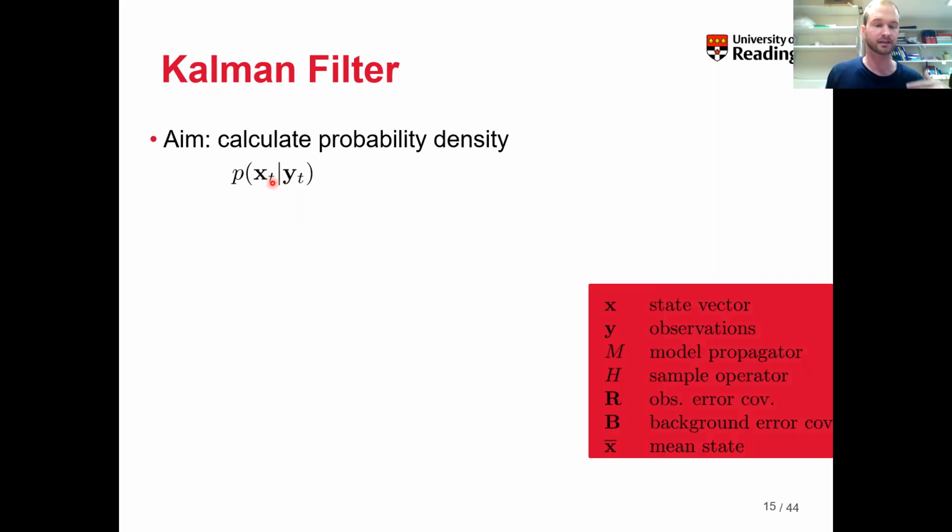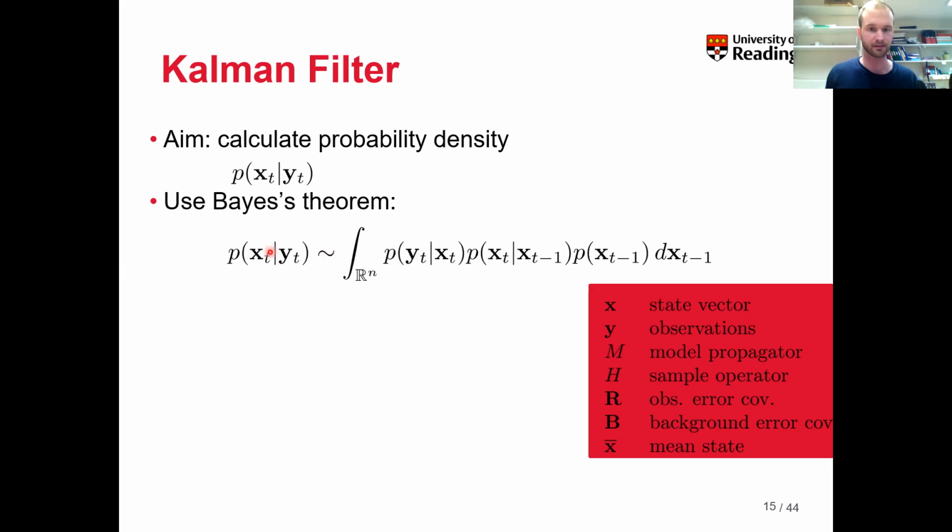So it's the probability that a certain model state X is the true model state given your observations. And it's easier to deal with the conditional reverse, and you can do so by applying Bayes' theorem.